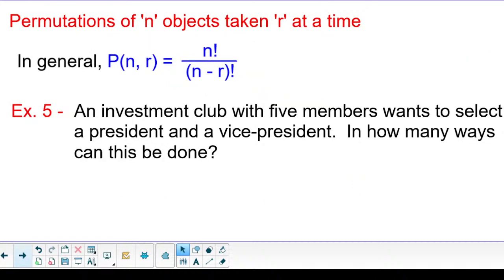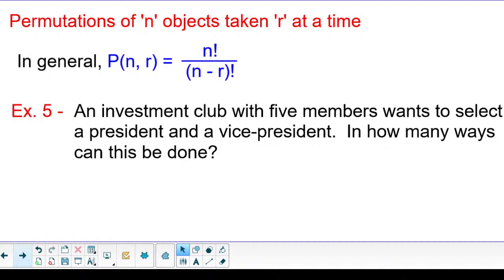But sometimes we don't want to always order everything. Like, for example, I want to take a subset. I want to make a classroom student council. So I'm going to take the 26 people in here and I'm going to pick 4. The first person I pick is going to be the president. The second person is going to be the vice president. The third person is going to be the treasurer.